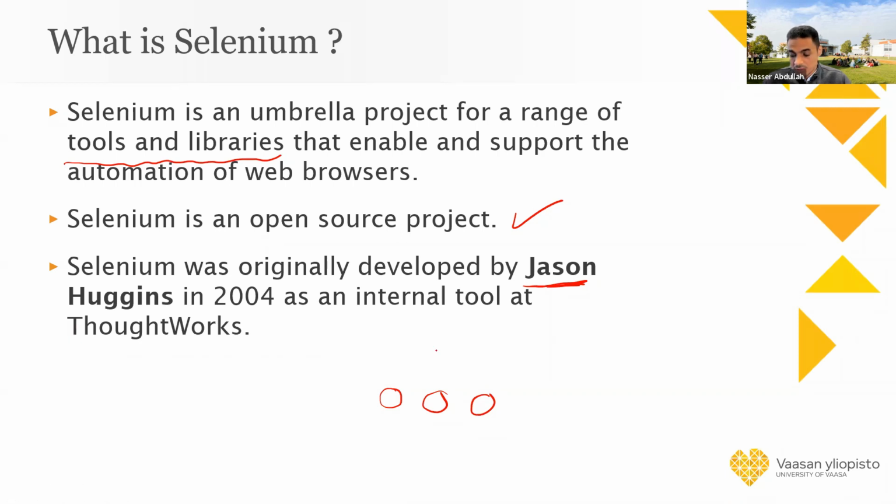Then other people added other tools, for example for browsers, and for servers. All of them came under one project. This project is Selenium, so Selenium is many tools together. We will see some of them.